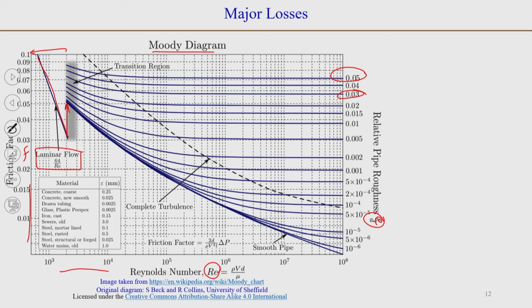Even at low values of roughness, say of roughness of 10 raised to the power minus 4, eventually at a Reynolds number higher than, say, 3 times 10 raised to the power 6, it becomes independent of Reynolds number.